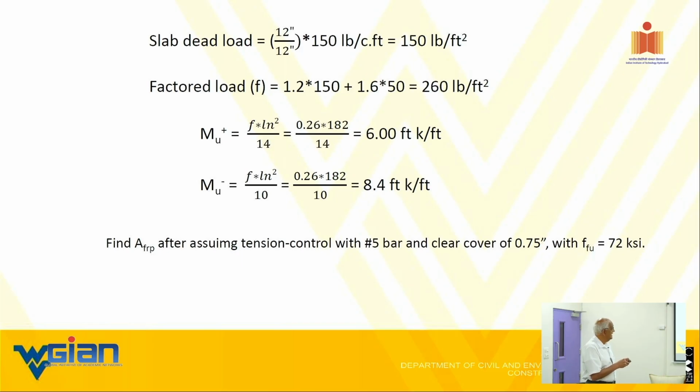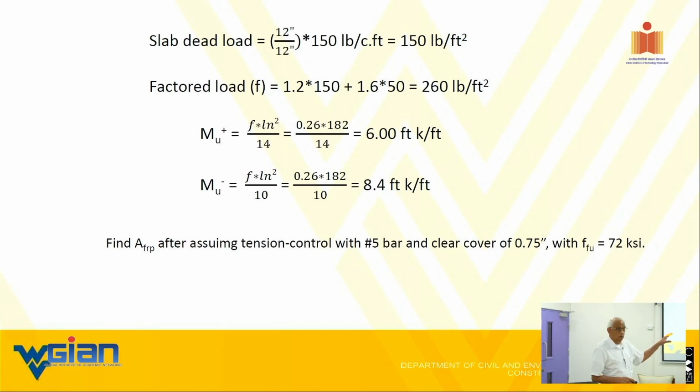This is the Mu that must be lower than phi times Mn. That is the design approach. If Mu is not lower than phi Mn, then the design did not work. But if phi Mn is higher than this, it worked.